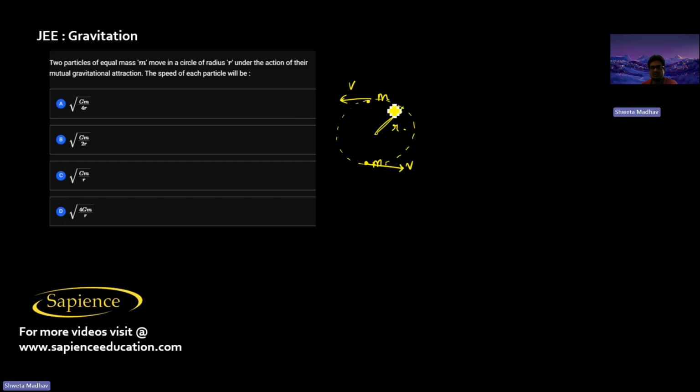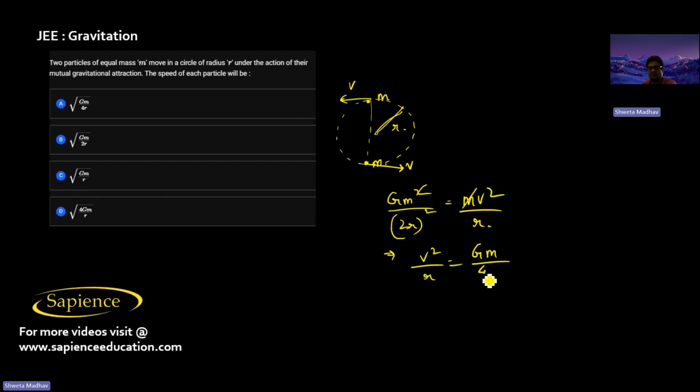Their mutual gravitational force, Gm square by 2r whole square, is equal to the centripetal force, which is mv square by r. Therefore, v square by r is equal to Gm by 4r square. When r is cancelled, v will be equal to root of Gm by 4r. So option A is the correct answer.